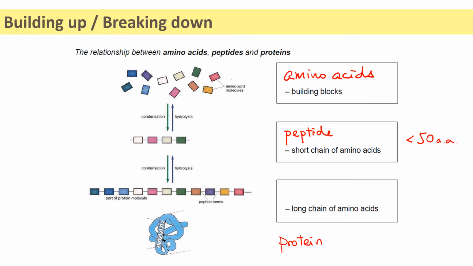But you can imagine your cell would continue to join it up into a much longer string-like structure, linear structure. So we call this a polypeptide. So a polypeptide is a much longer chain of amino acids. Well, you can say polypeptide is actually a protein. But if you are being exact, then we usually say that the polypeptide would then fold into a particular shape and become a protein.